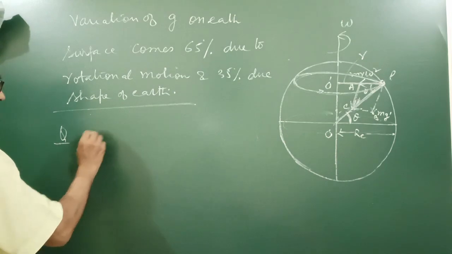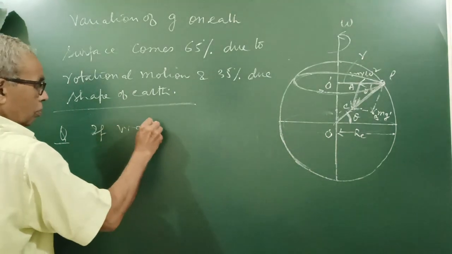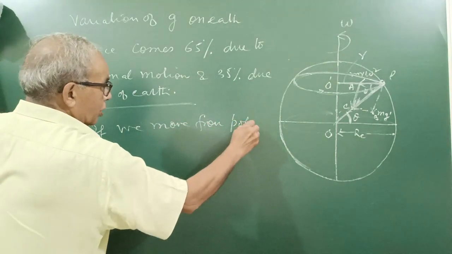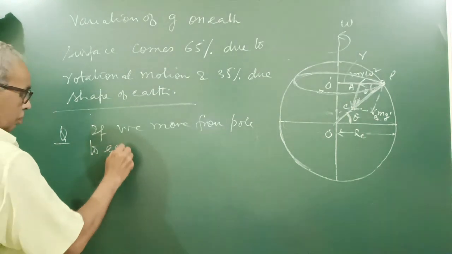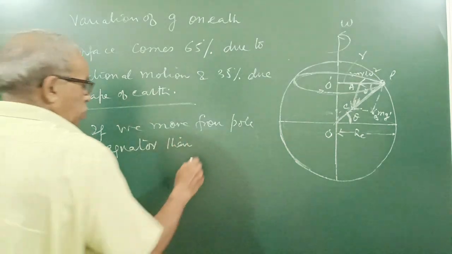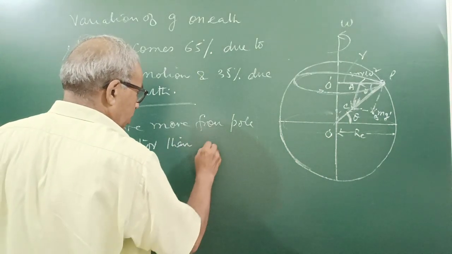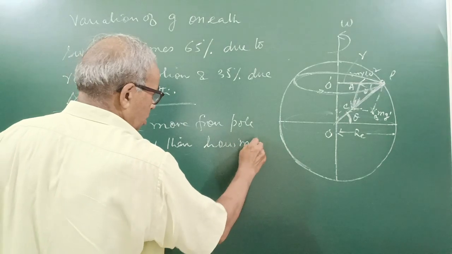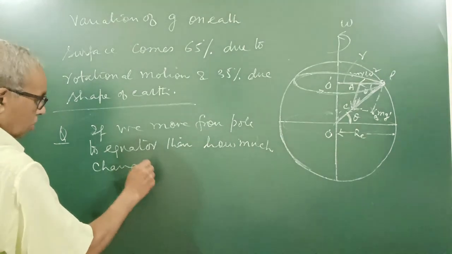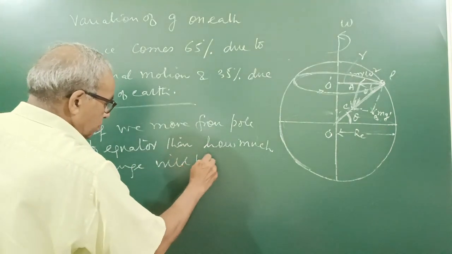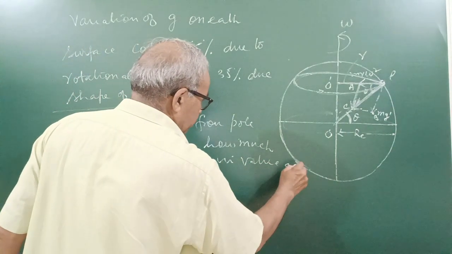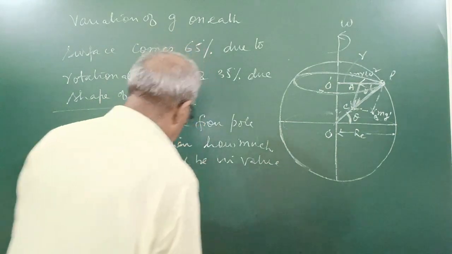A person, if we move from pole to equator, then how much change will be in the value of g?